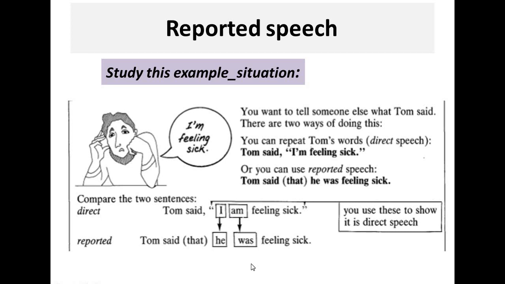Here we have I, it becomes he, and we have am, it becomes was. So here pronouns change from I to he, and the verb changes from present to past.